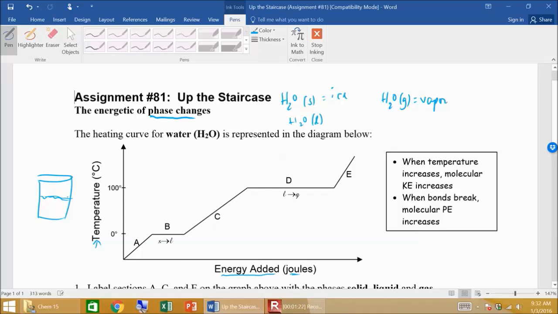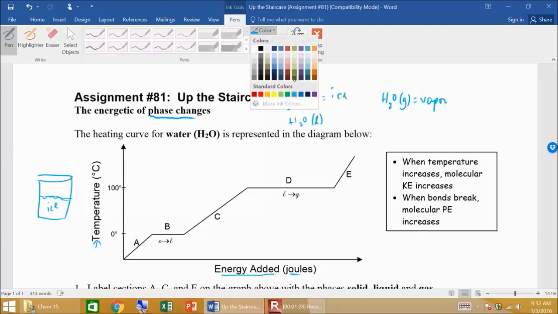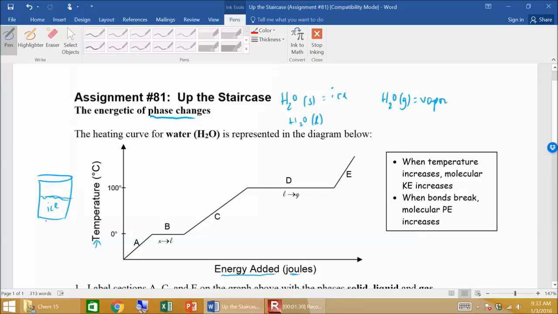It'll start as ice. So it's cold, solid, and we'll have some way of heating up the ice. So maybe an electric heater that will add energy here to the ice, and we'll be able to monitor the temperature as the heating coil adds energy to the ice.